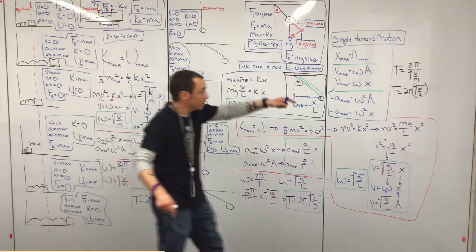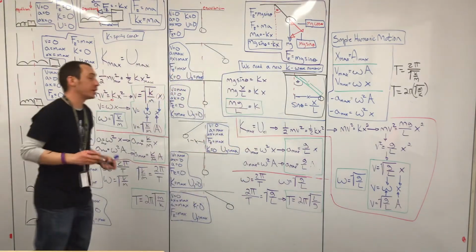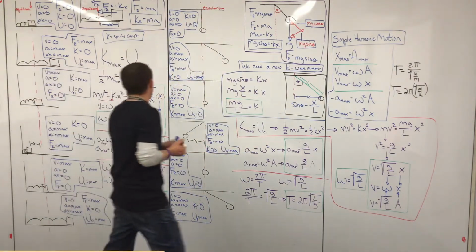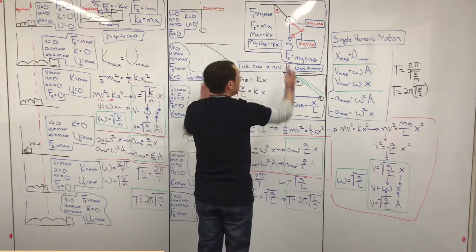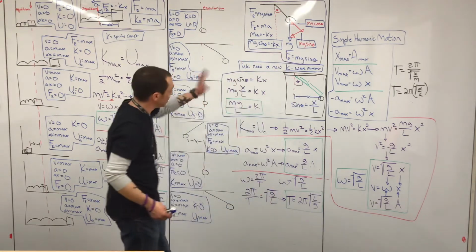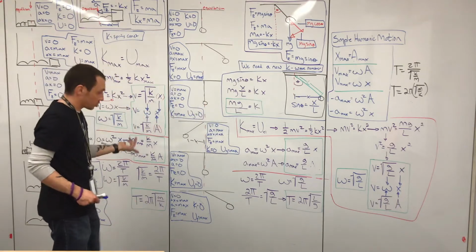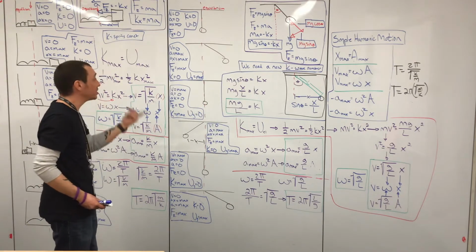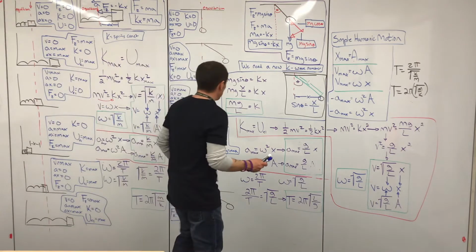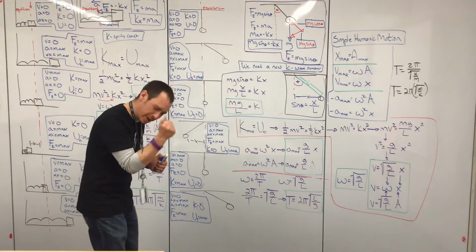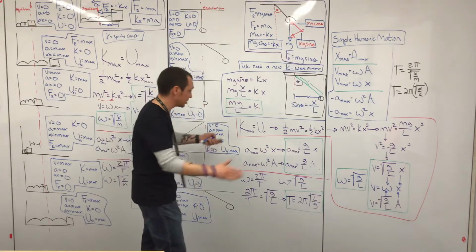Because the same thing happens over here. All right. So, just like over here we needed an omega, over here we need a new omega. We need an omega that's going to describe how this thing oscillates. Omega tells us how these things oscillate.